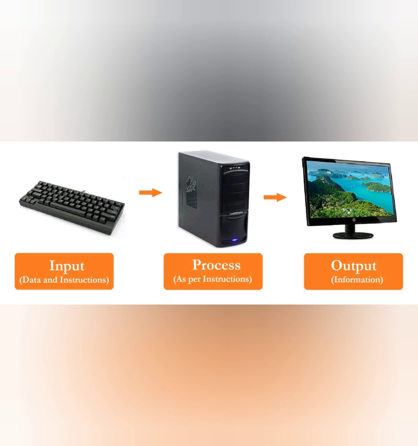Any data or information we send to the computer is called input. Then processing. Processing is a method of taking input data and changing it to the output. It is called processing. And what is the output?